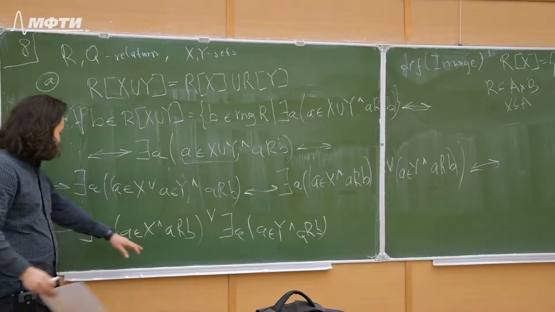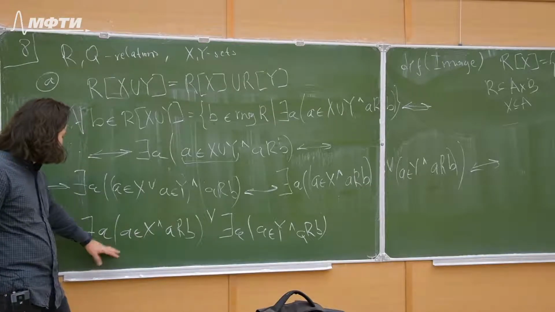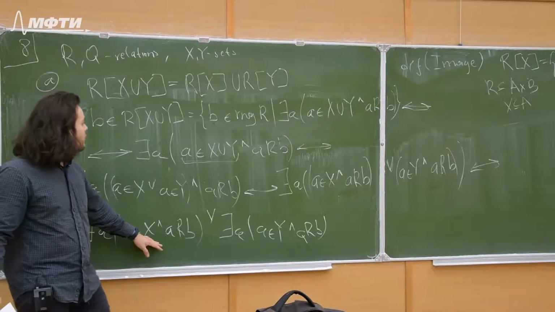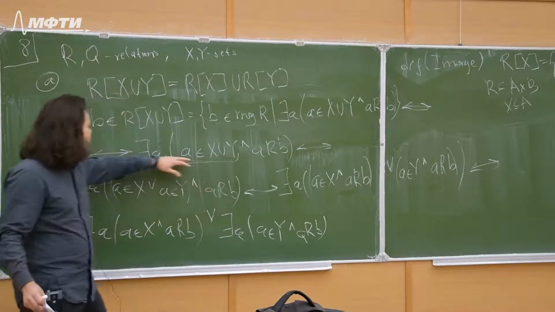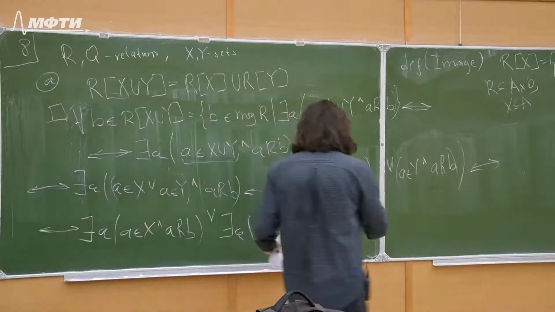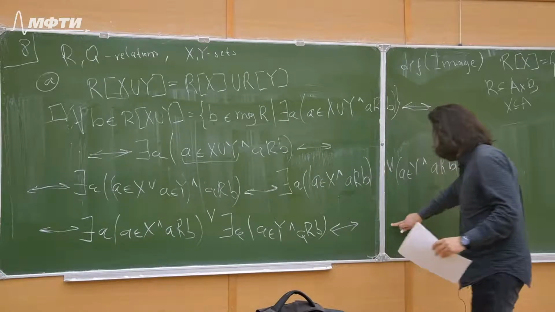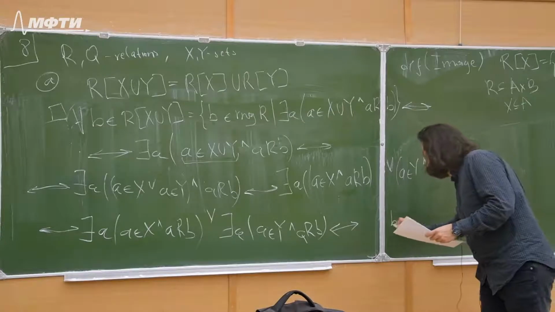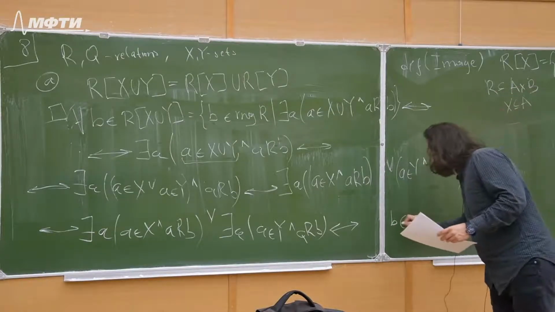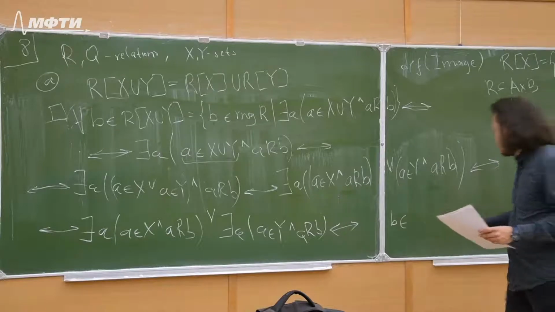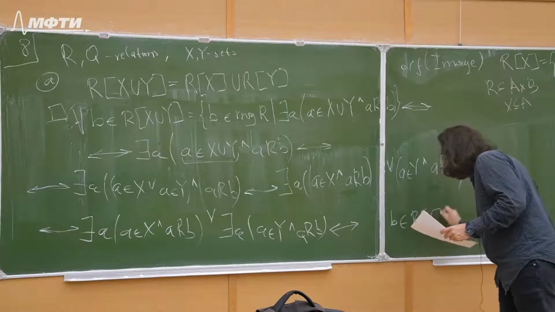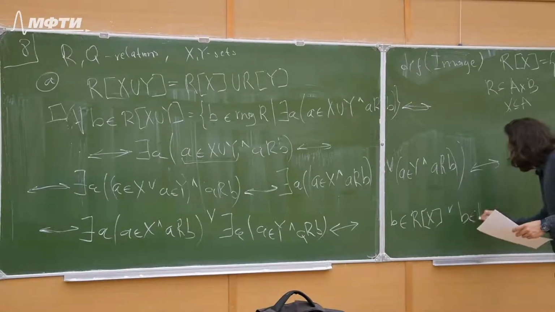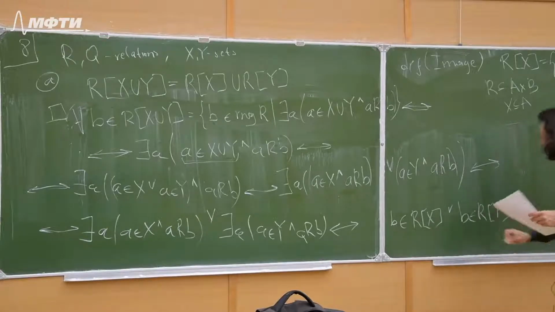All we change is just the set. So we have here that there exists A in some set and A R B. Well, this set in this case is X, in this case is the union, so it means that we can write this. So this is if and only if we have that B is in the image of X, or B belongs to the image of Y, right?